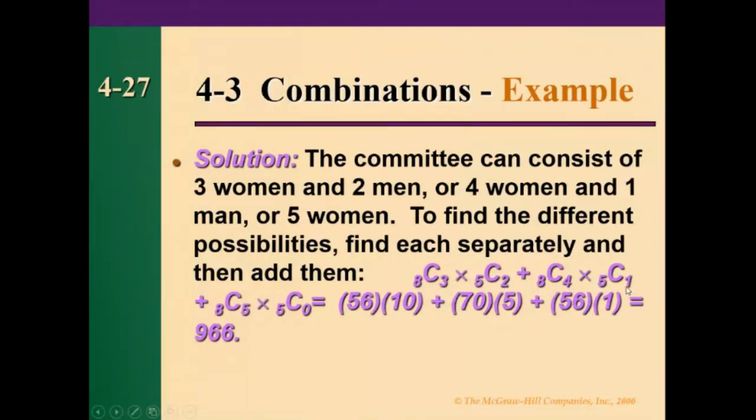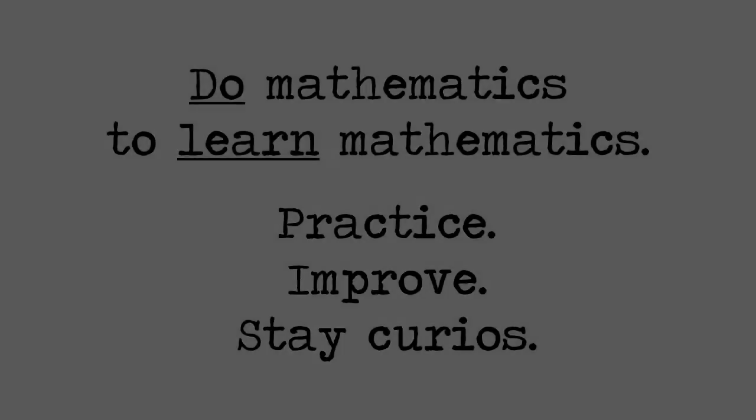Kasi 5 yung kailangan eh. And then another combination, 8C5, lima na yung babae. So ibig sabihin, wala nang lalaki, di ba? Times 5C0. Ayun, i-multiply nyo lang yon plus ang product of this plus product of this. So yun, 56 times 10 plus 70 times 5 plus 56 times 1, and that's equal to 966.